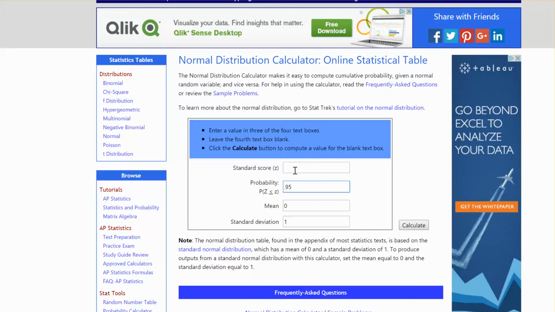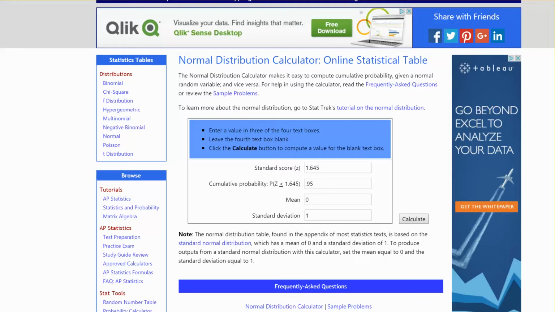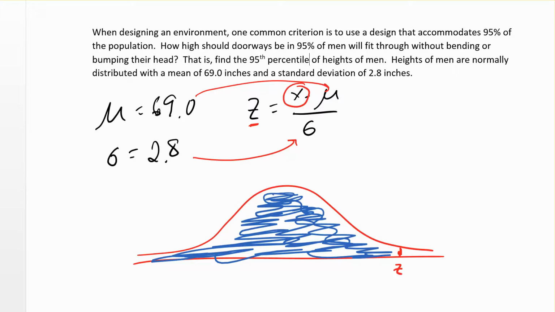We want to know what is the z-score associated with a probability of 0.95. And if we calculate that, we get a z-score of 1.645. So if we come back over here, now our z-score is 1.645. So 1.645 equals x minus mu, which is 69.0, divided by the standard deviation of 2.8.